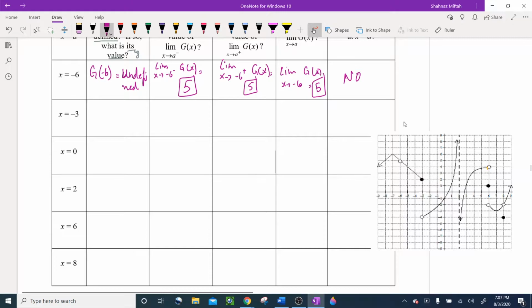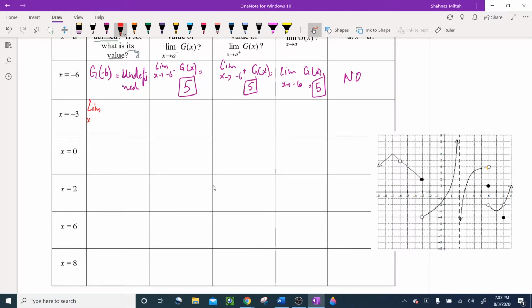Okay, let's do x equals negative 3. I'm using this graph right now because the other one, we can't see it. Actually, this is not the limit. This is a defined point they're talking about. The first column is the defined point.